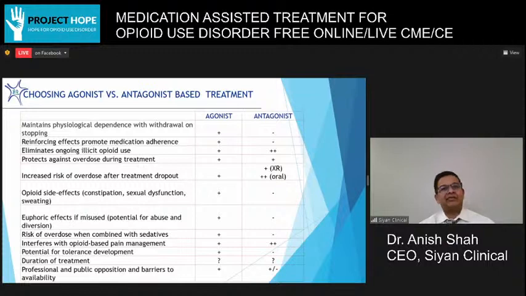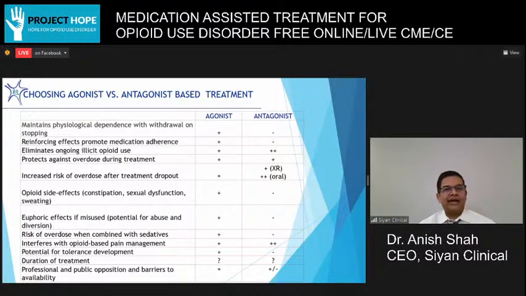Now, this is the difference between choosing an opioid agonist versus an antagonist for office-based treatment. Like I said, agonist is going to be a medication like buprenorphine or Suboxone, which is a partial agonist, and antagonist, as I have explained, medications are oral and injectable naltrexone, as we spoke.